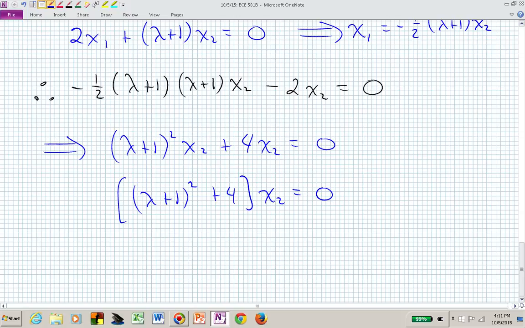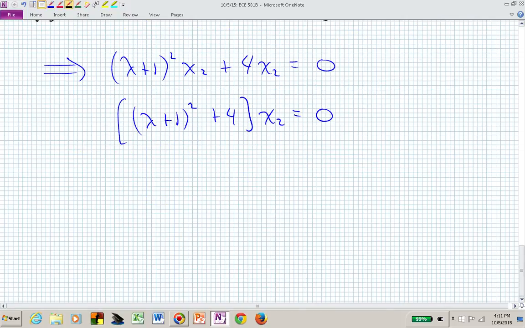And I want a non-trivial solution to this set of equations, which means I want x sub 2 to be non-zero. I can divide that out, and now I know that what's in the square brackets has to equal 0 if this product is 0. Which means I'm looking for a lambda, and we started with asking, can we find a real number lambda that will satisfy this system of equations?